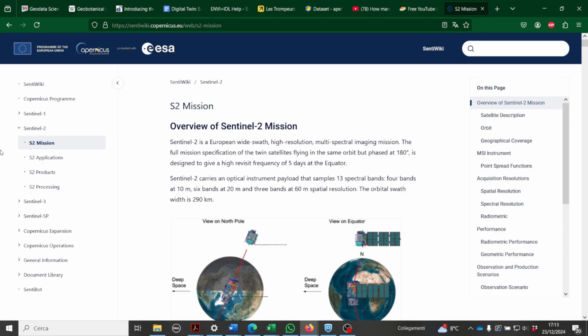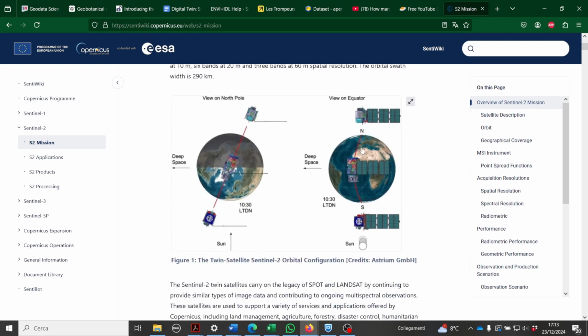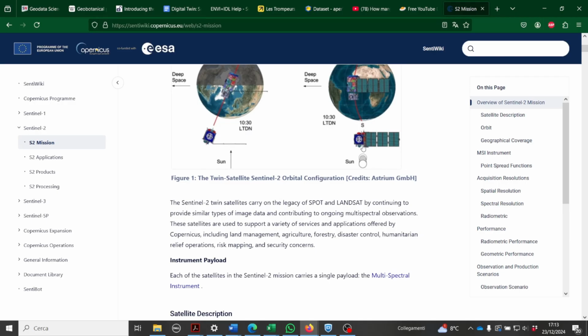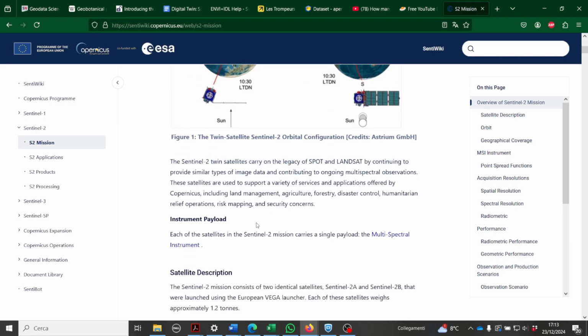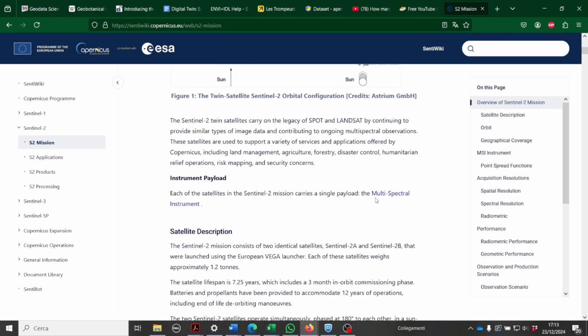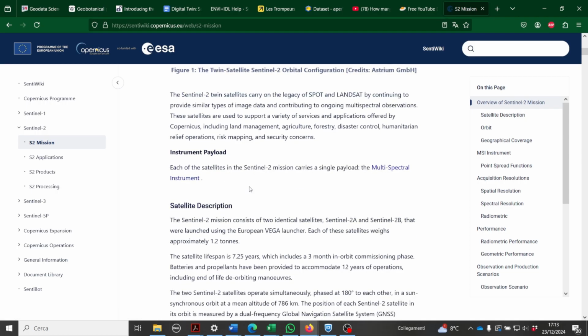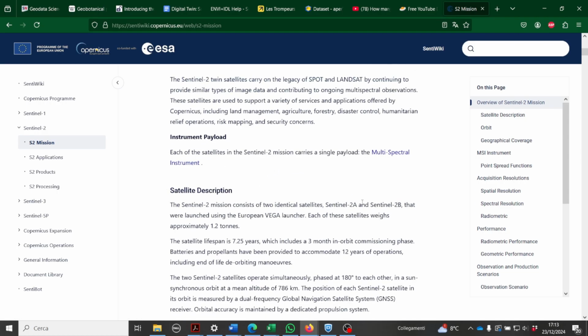So, starting with the overview of the Sentinel mission, we know that Sentinel-2 is formed by a couple of different satellites, and on board of these satellites as payloads we have an instrument that is called MSI, that stands for multispectral instruments. Okay, this constellation is done by two different satellites, as I mentioned, the Sentinel-2A and the Sentinel-2B.